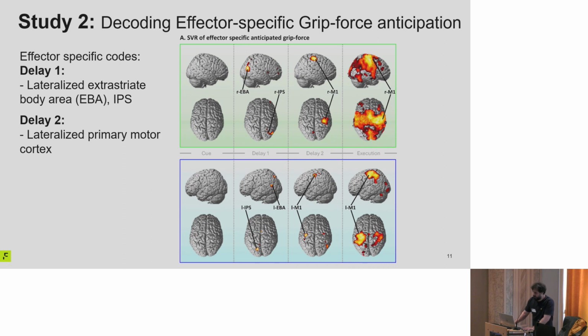We found that effect in the right hemisphere during preparation with the left hand, again shown on a green background, and in the left hemisphere for preparation with the right hand. In the second delay period, in contrast, we found contralateral M1s, again systematically coding the to-be-applied force intensities. In contrast, during the execution phase, we found a broad network spanning from the contralateral to the ipsilateral M1, showing an unexpected strong effect during motor execution.